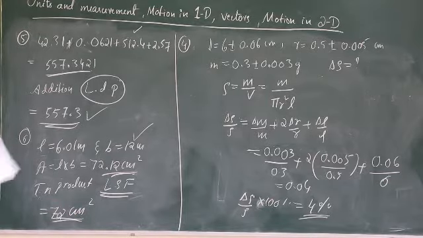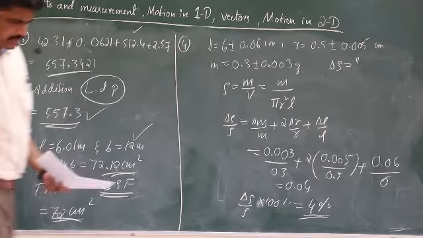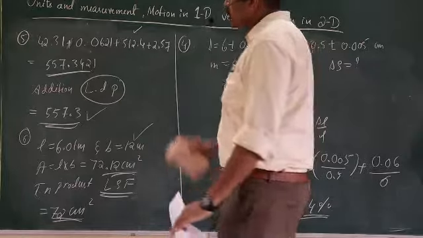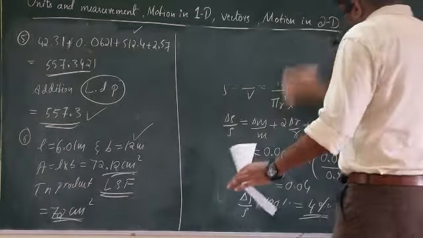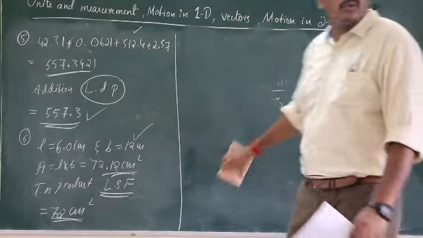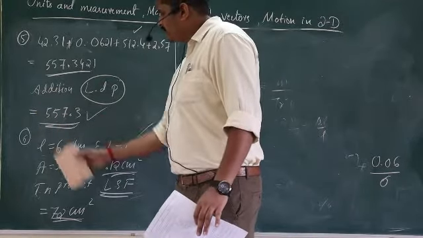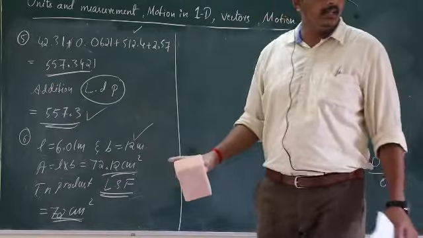You have to finish up the answer with the least significant figures out of the given values which are supposed to get multiplied or divided. That's a rule you have to follow. But in addition and subtraction, what are you supposed to follow? That means I have written here least decimal place.